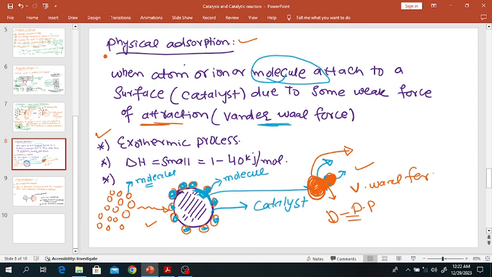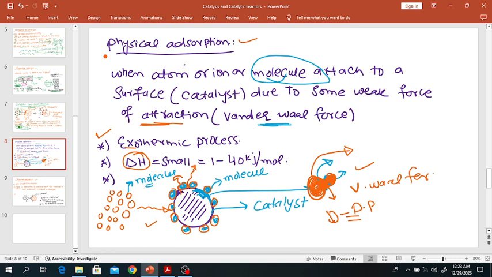This is an exothermic process. When these molecules are attaching to a solid surface, some energy, some heat will be released from the system, and such type of adsorption process is called exothermic. Usually, adsorption is an exothermic process, but in all cases it is not exothermic. In some cases it can be endothermic, and it can be seen in various literature and research papers. The heat released is nothing but the enthalpy of adsorption, which in such a case is quite small.